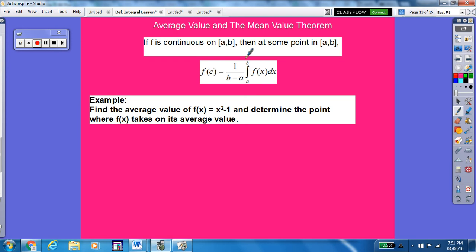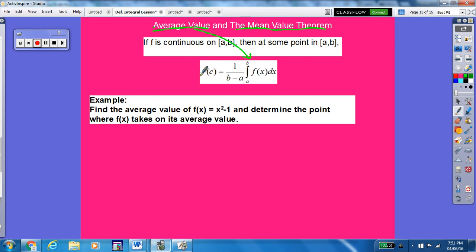The last part of this video is going to talk about, we already found average value. Average value, if you remember, we just did, is this piece right here. And so now we're going to talk about the mean value theorem. The mean value theorem says if a function is continuous on an interval a to b, then at some point the average value of the function will actually equal the y value.